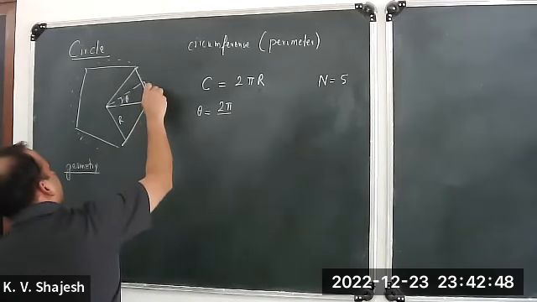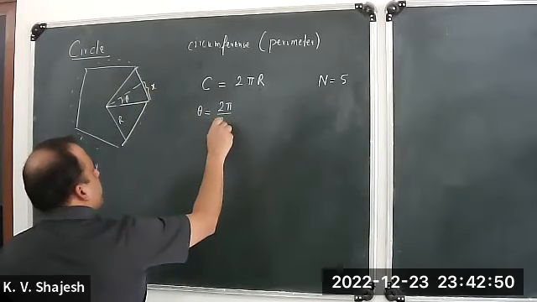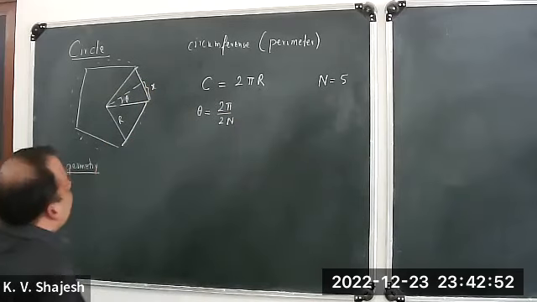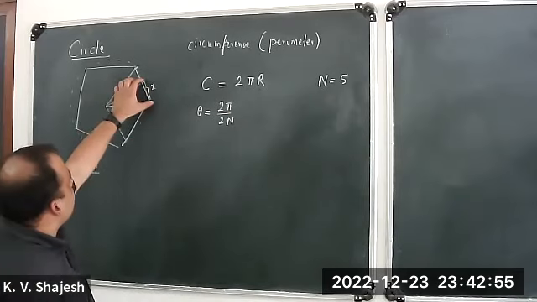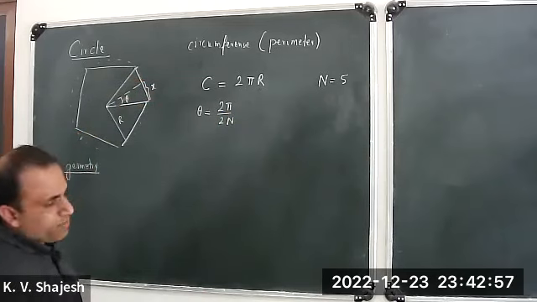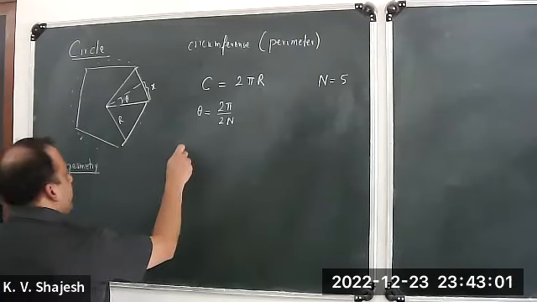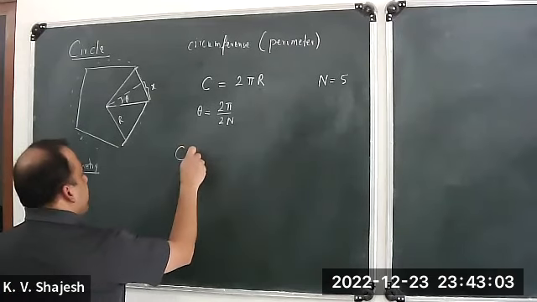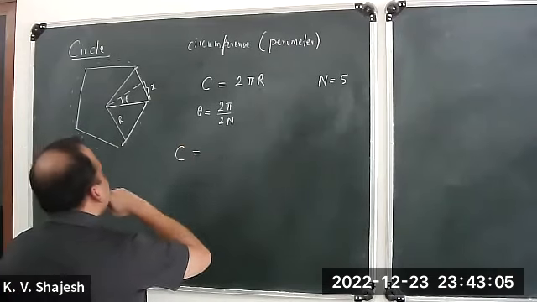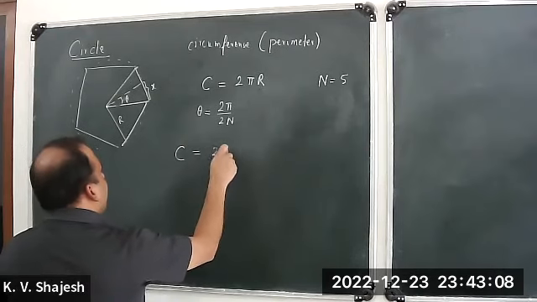That's my x if you want. So that's 2 times n. If I can calculate this x and multiply it by 2 times n, I should get my circumference, correct? So the circumference in this geometric picture will be 2 times n times x.